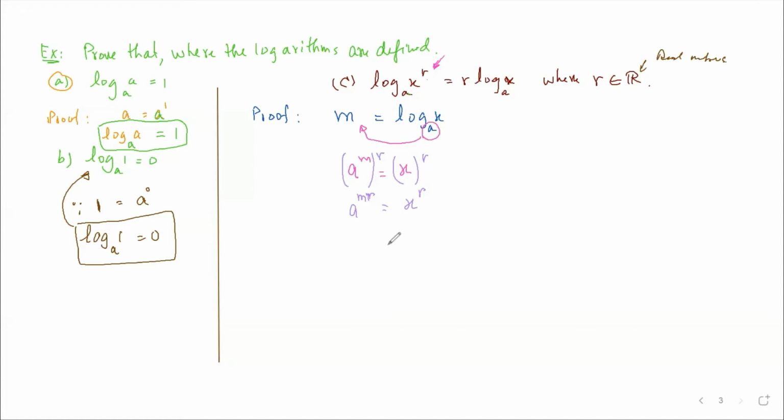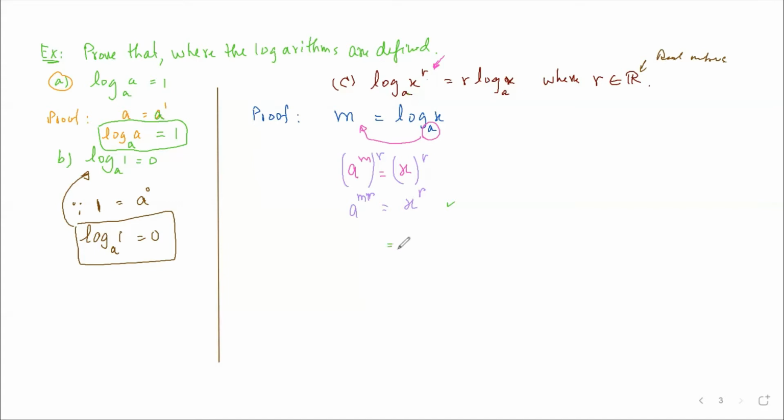After this, what can I do? The formula base is a. In this line, both sides are in exponent form, so either one can be the base: a is a base, and x also is a base. Since I want base a, I take this a as the base, and take the whole thing as one number.